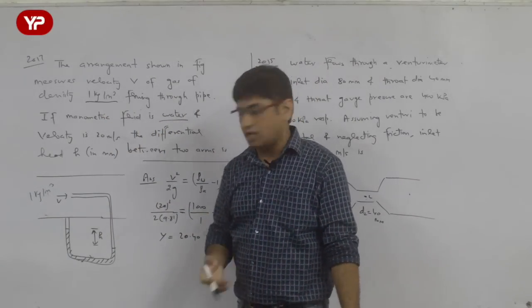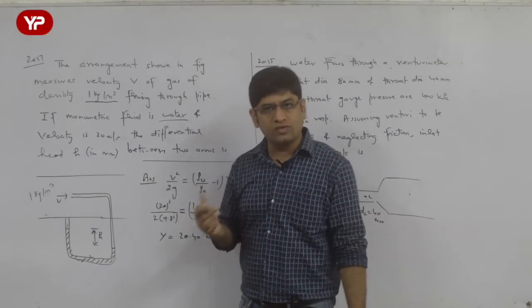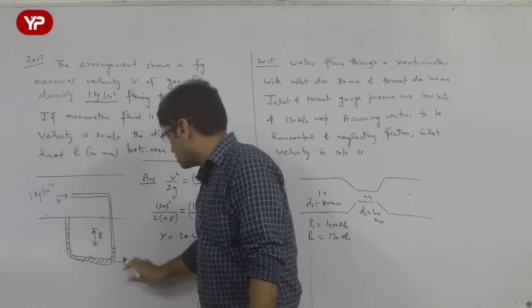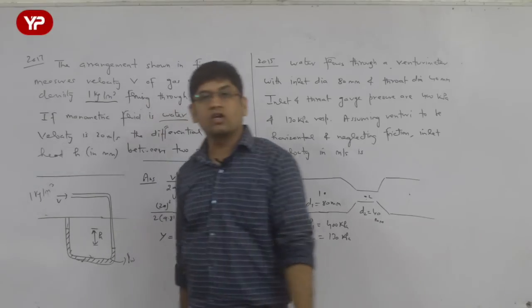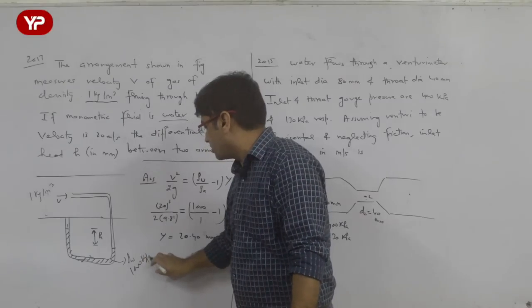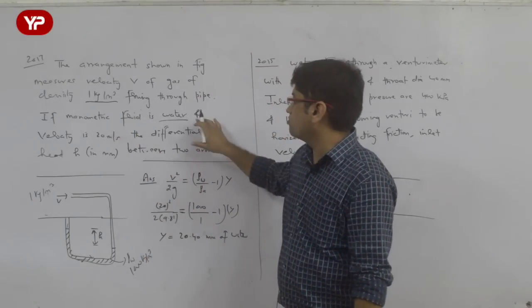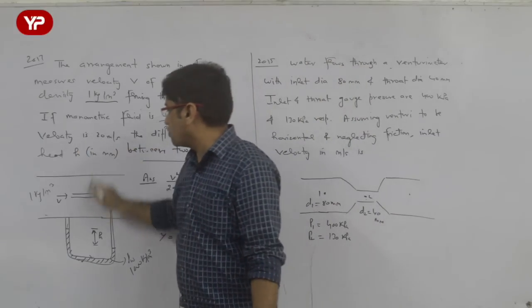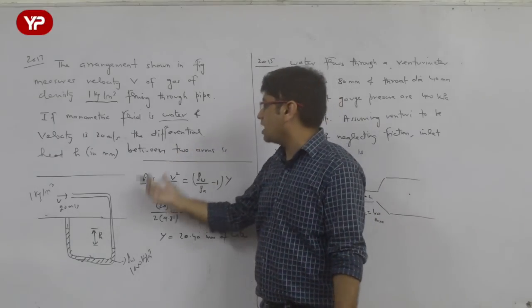So normally we know that in the manometer we are using fluid which is mercury, but in this case the fluid which we are using in the manometer is water. So we have to take the density of the water. Density of the gas is given 1 kilogram per meter cube, and we know density of the water is 1000 kilogram per meter cube. Though it was not given in the numerical, the density of the water is 1000 kilogram per meter cube. Now velocity of flow is given as 20 meter per second, and the differential head in millimeter.